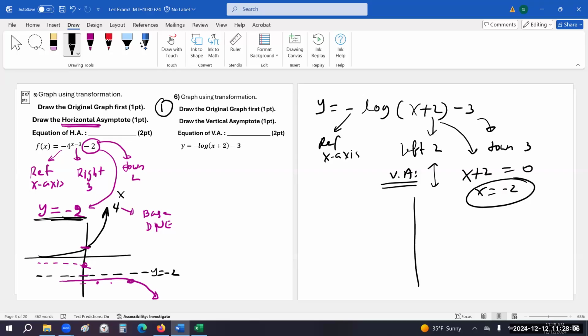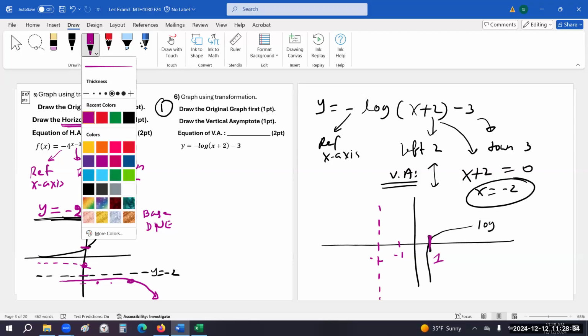Now we're going left. I always said draw the original one because the original one tells you which direction you should go. The original one goes to the x value 1. Now we have an asymptote at -2. So this is -1, this is -2. Our wall is this line, so we cannot cross this line.